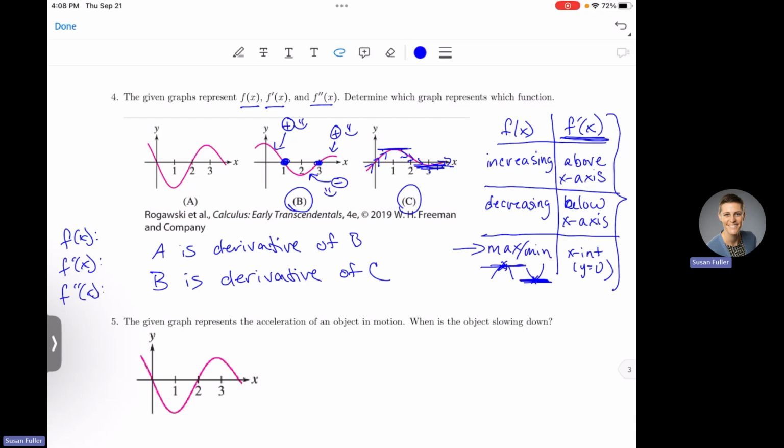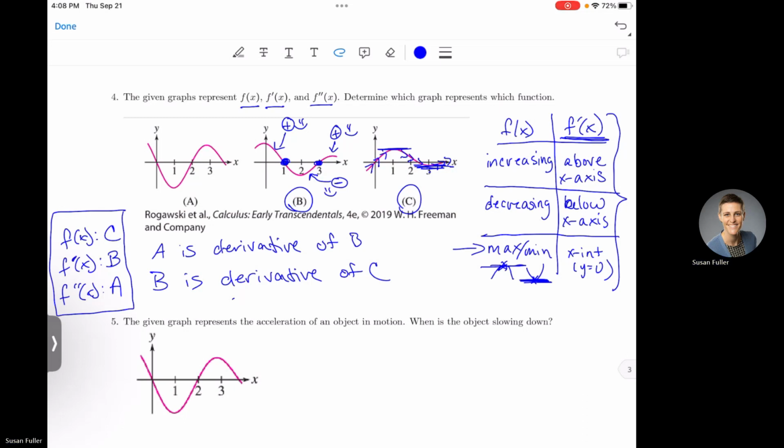Okay, so A is the derivative of B, and B is the derivative of C, which means C has to be my original so that B can be the derivative of it. And then A is my second derivative because it's the derivative of B. So now I know which one is my original, which one is my first derivative, and which is my second derivative.